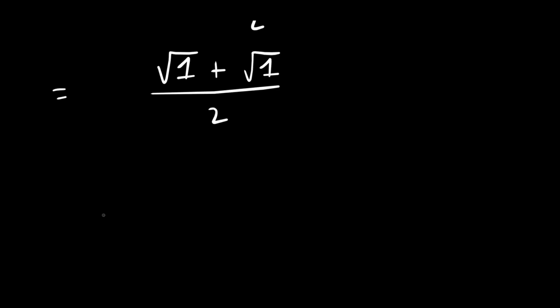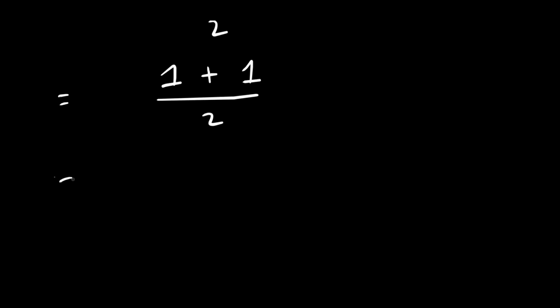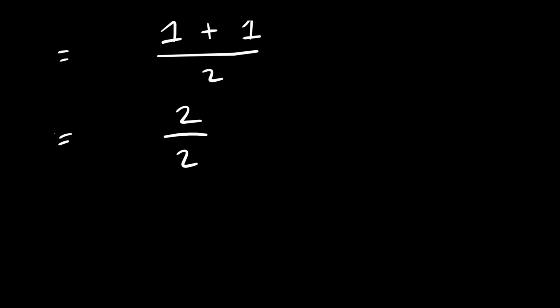Square root of 1 is just equal to 1, plus square root of 1 is just equal to 1, all over 2. So 1 plus 1 is just equal to 2 over 2, so the final answer will be 1, right? So this will be now our final answer.